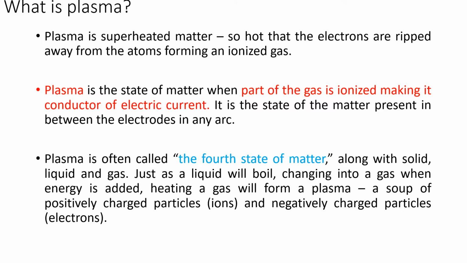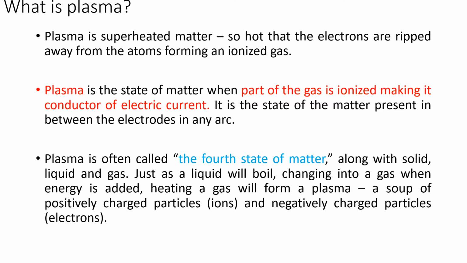In the second paragraph, plasma is the state of matter when part of a gas is ionized, making it a conductor of electric current. It is the state of matter present between electrodes in any arc. So when the electrons are ripped off from the orbits of an atom, what happens?